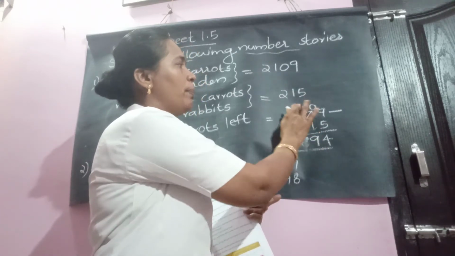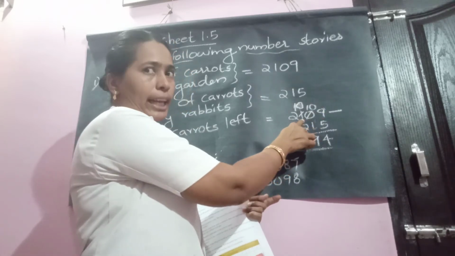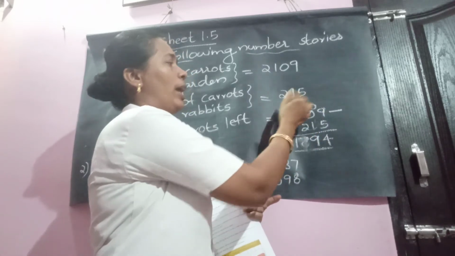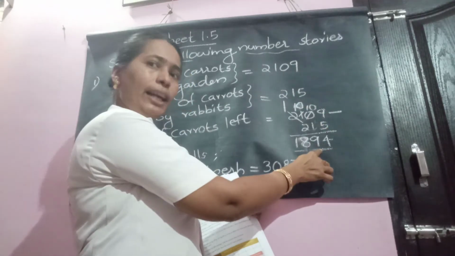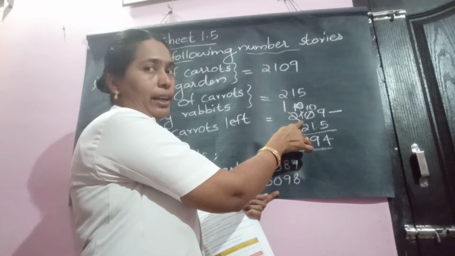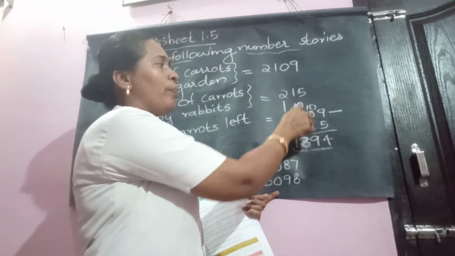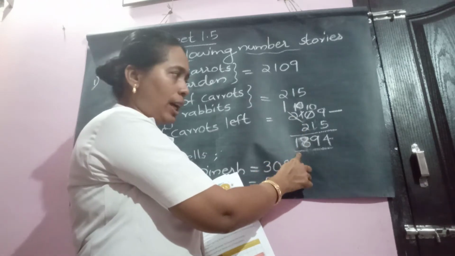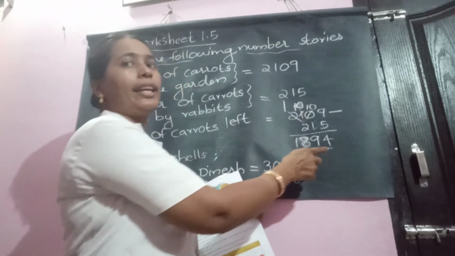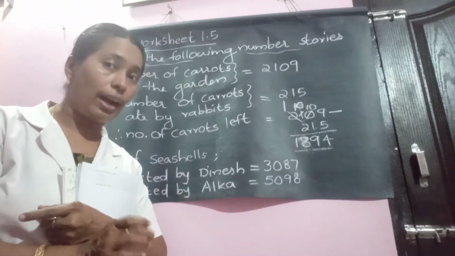Sorry, here it becomes 1, no. That's why we can write 10 itself here, and this becomes 1. So 10 minus 1 is 9. This is actually 1, that's why the teacher has taken 1 to this number. It becomes 10 there. 10 minus 2, 8. And this 2 becomes 1. 1894 carrots are there in the garden.